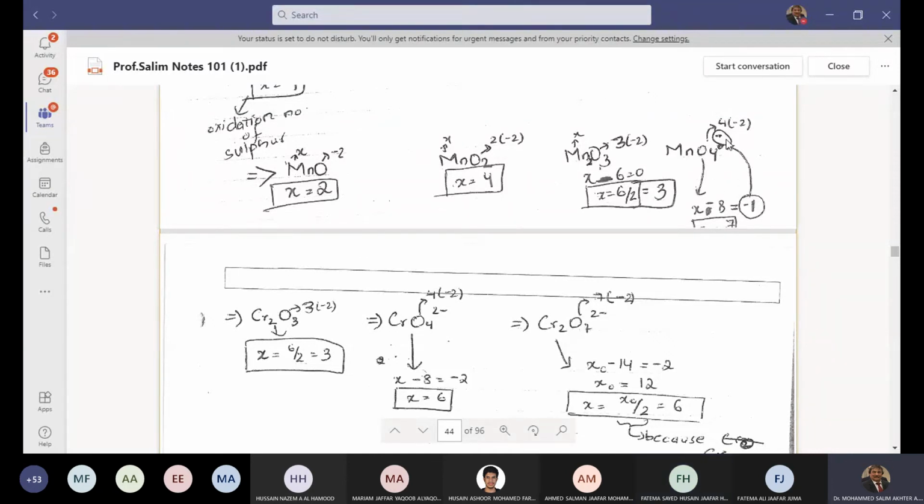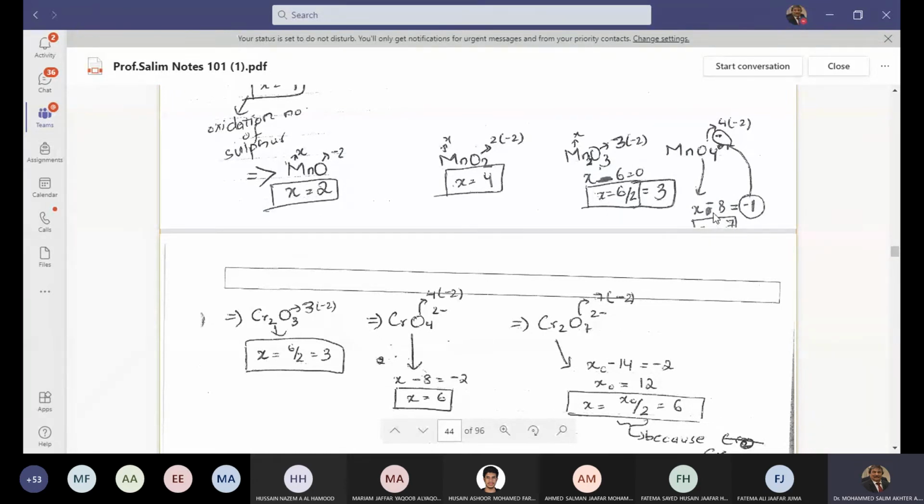MnO4 minus 1. It is not neutral. It is not 0. It is minus 1. Look at my picture which I sent you. MnO4 minus 1. What will you write down for Mn? X. So x minus 8.